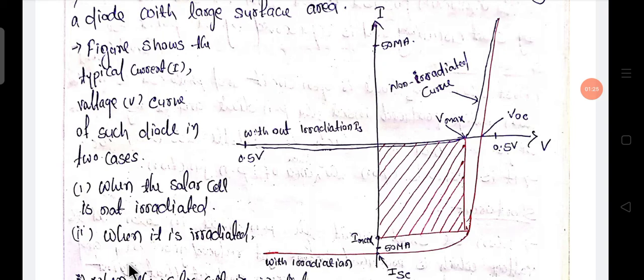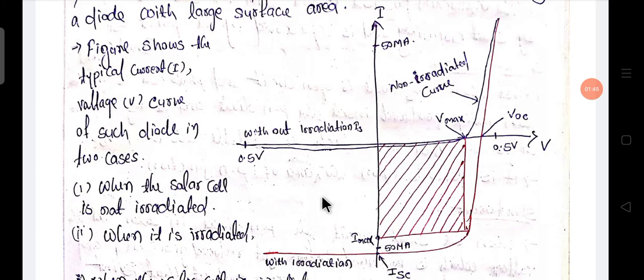And the second case is when it is irradiated, that means when the sunlight falls on the solar cell. We take these two cases into consideration when we draw our IV characteristic.